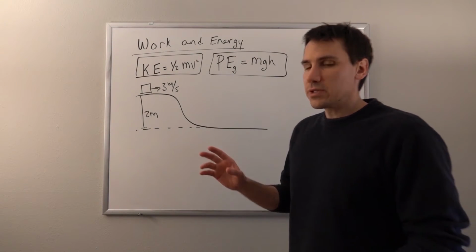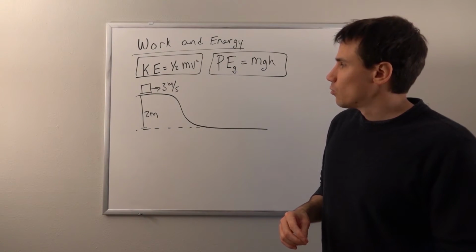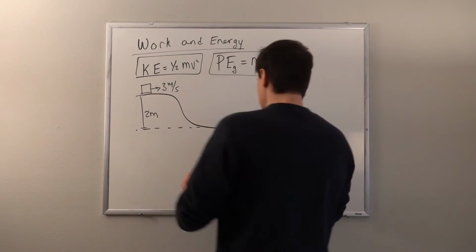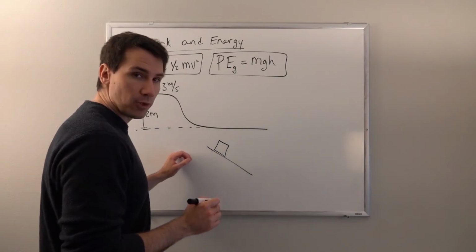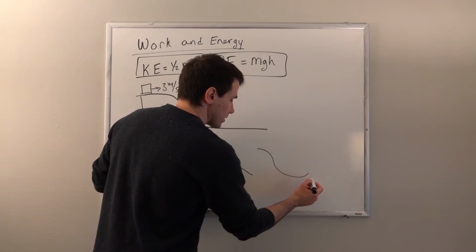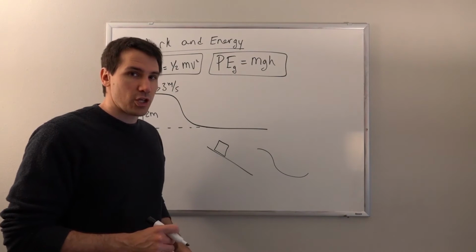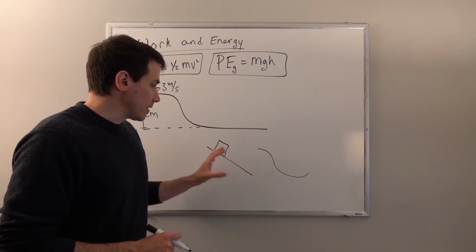Now, first, let's just think about if we had to do this using kinematics. Well, we know how to do a block on a slope if it's a consistent slope. If we have a block that is sliding down a flat slope, we know how to deal with that situation. But if we have a block that's on some kind of a curve, the angle of the slope is constantly changing, and we actually don't know how to deal with this at the moment.